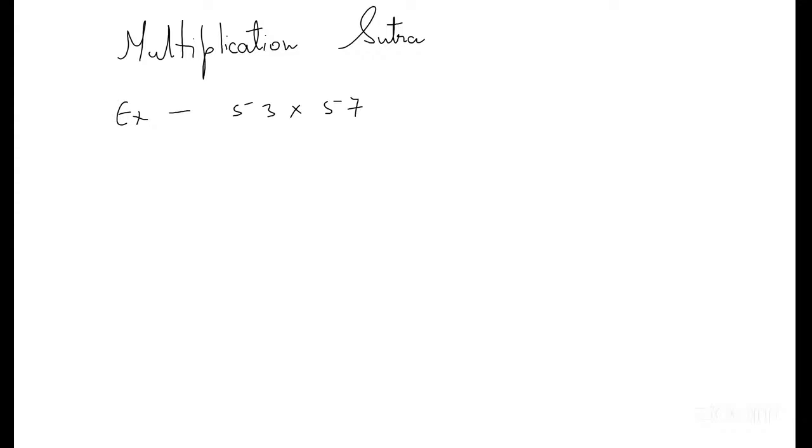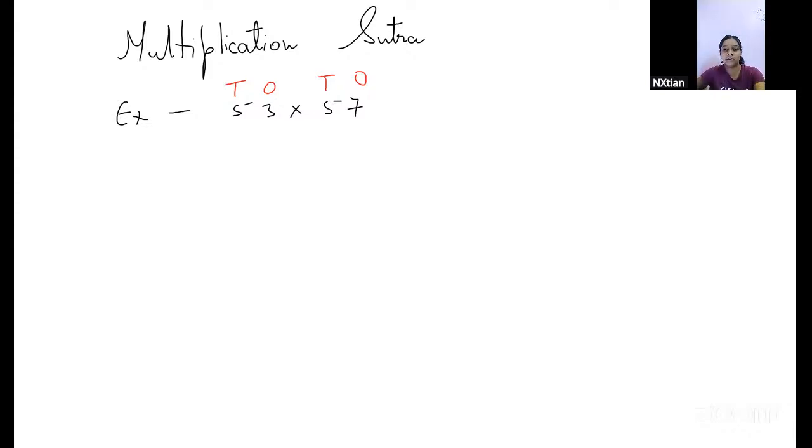We know that this is the ones place and this is the tens place, right? You know the chart? Ones, tens, 100, 1,000, 10,000. So 7 and 3 are on the ones place and 5 and 5 are on the tens place. We see the numbers in the ones place and their sum is equal to 10, like 7 and 3.